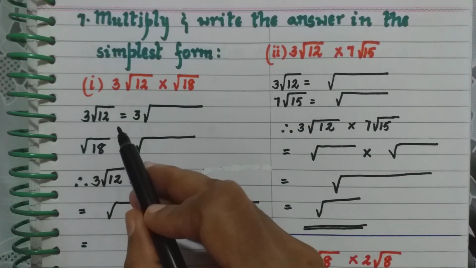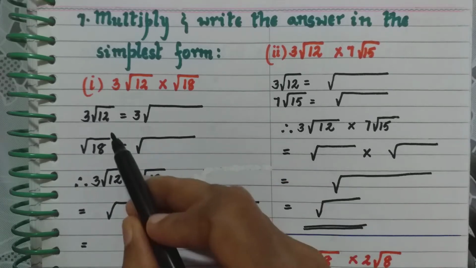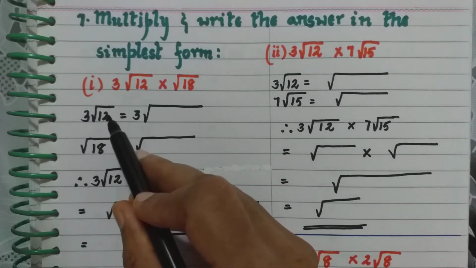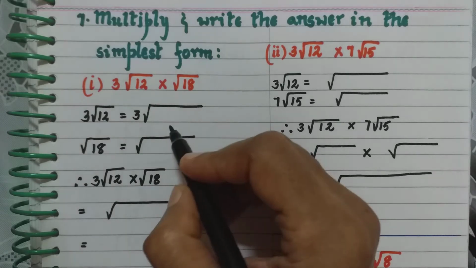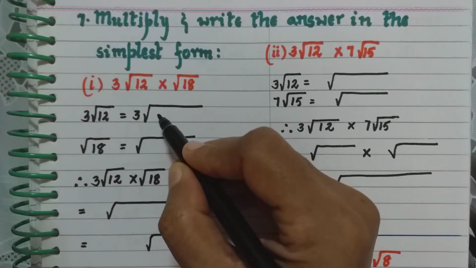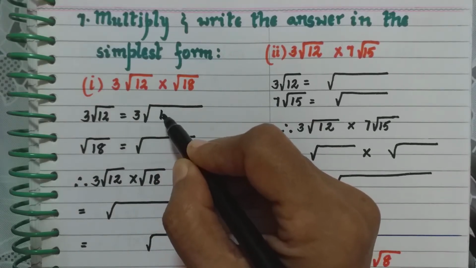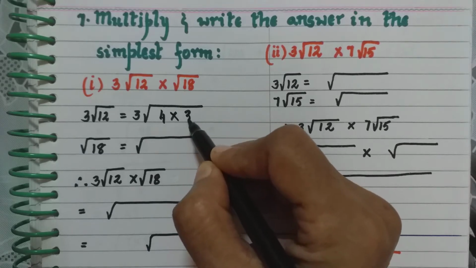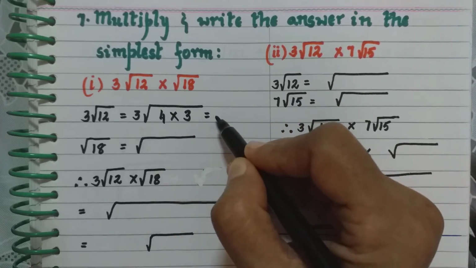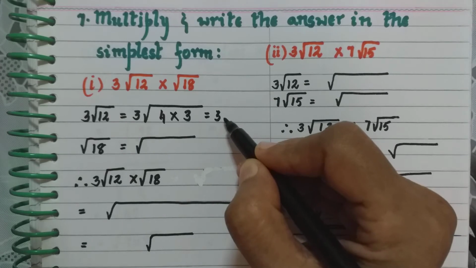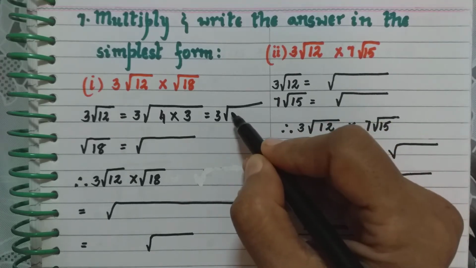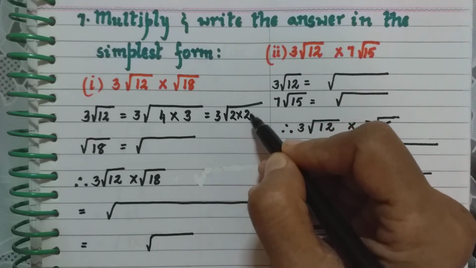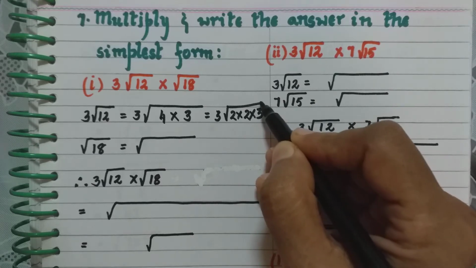Now here we have 3 square root 12. Now what is square root 12? I can write 3 square root 12 as 3 square root 4 into 3, which is nothing but 3 square root of 2 into 2 into 3.